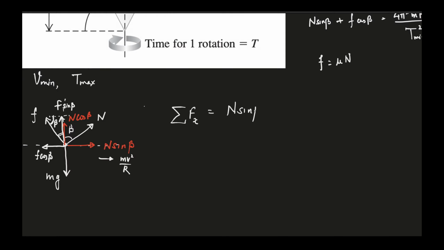So now along x-axis and along y-axis I can write my equation. Sigma Fx is N sin beta minus f cos beta. This is the sum total of all the forces, has to be equal to ma, which is mv square upon r. This side is positive, so these two are taken positive, this is negative.